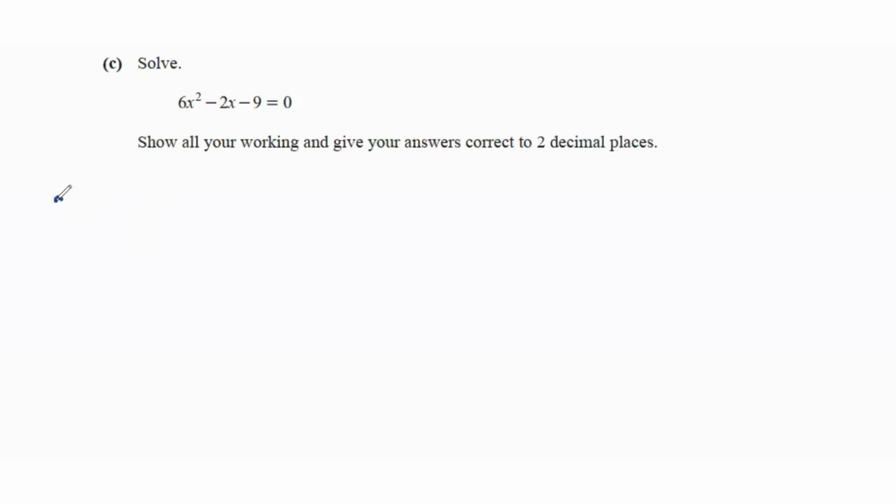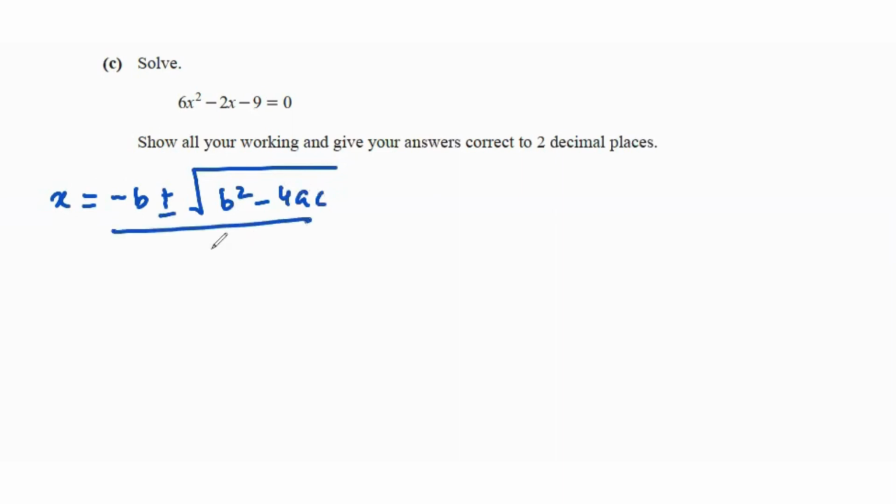To solve this quadratic equation, I'm going to use the quadratic formula: negative b plus minus square root of b square minus 4ac over 2a. Why? Because it already says to give your answer correct to 2 decimal places.